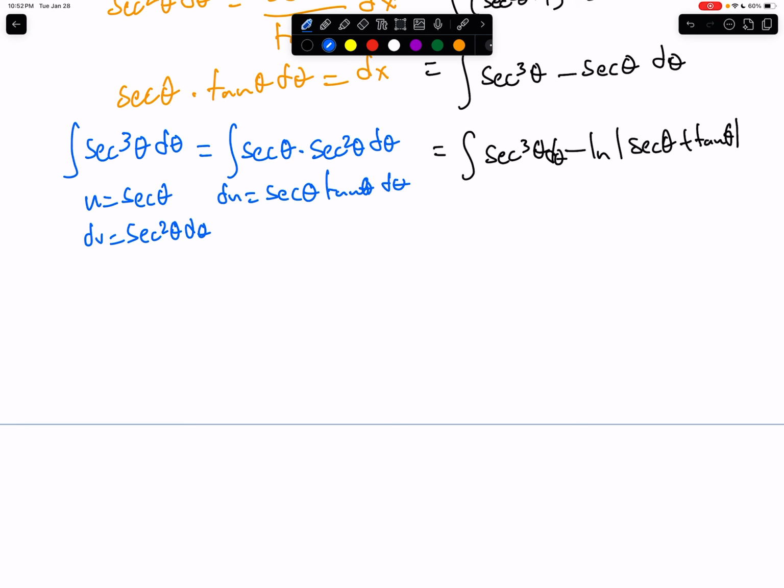And then v, again, the integral of secant squared is tangent, so tangent of theta. So then the integral of secant cubed of theta d theta will then be uv, so secant of theta tangent of theta.